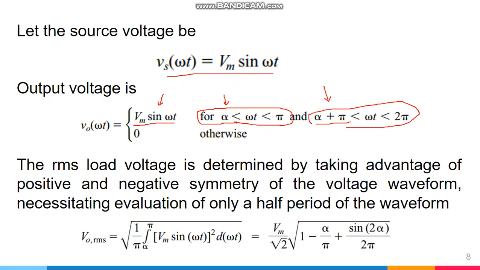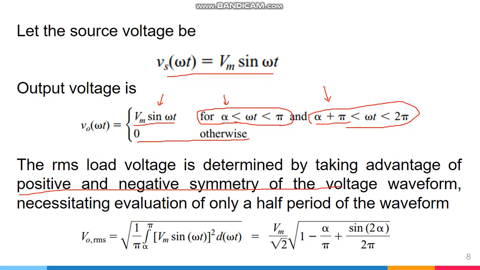Therefore the output voltage is equal to Vm sin omega t during these two intervals, and is 0 for any value other than these two intervals. The RMS load voltage is determined by taking advantage of the positive and negative symmetry of the voltage waveform.